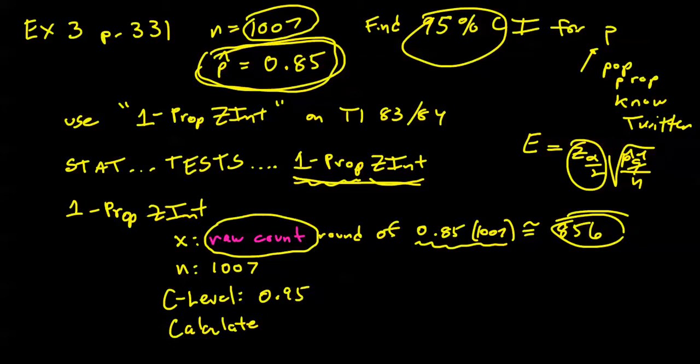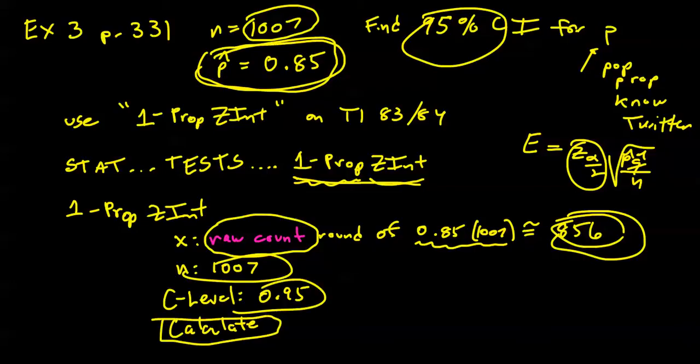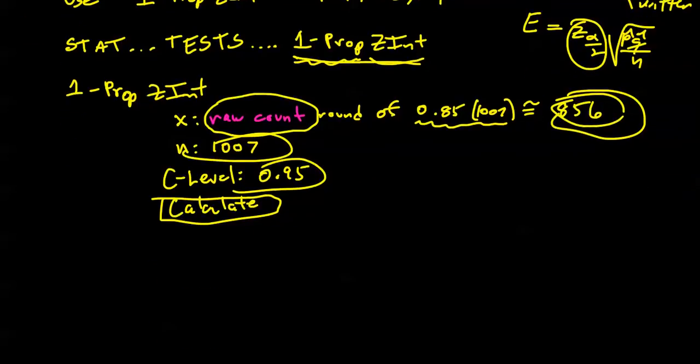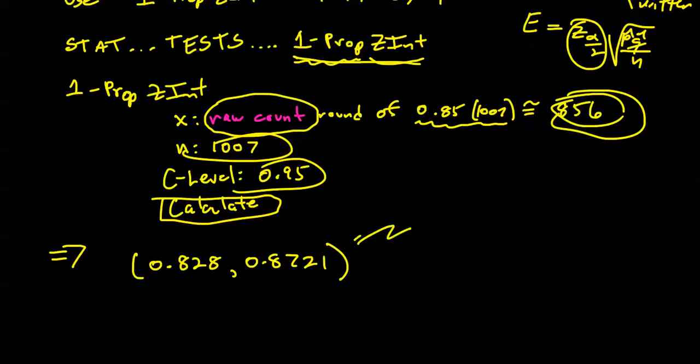Once I've entered these three values, I can scroll down, select calculate, and press enter, and I get the following result: 0.828, comma 0.8721, in what they call open interval notation. Now this is my confidence interval.